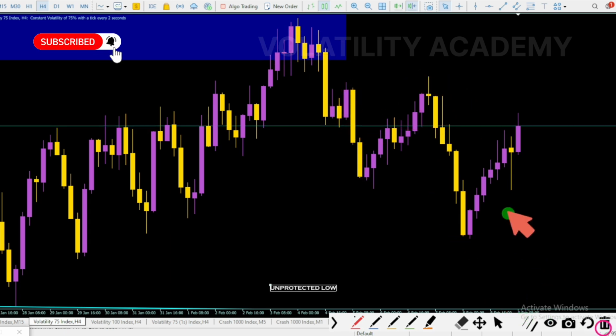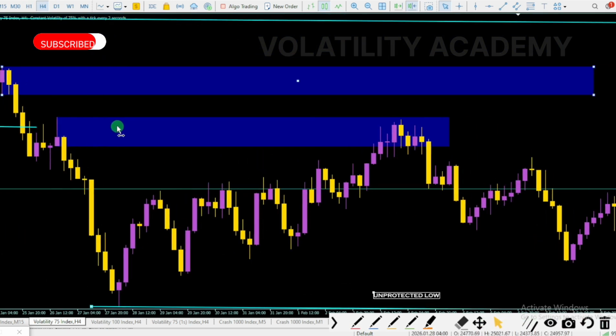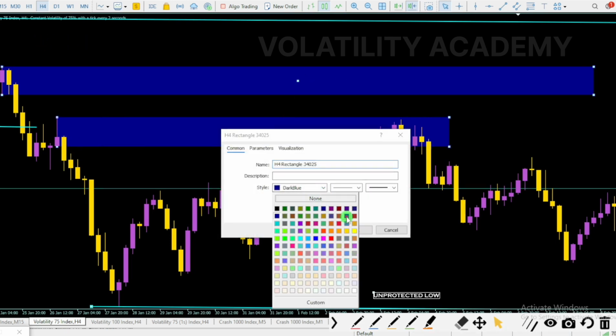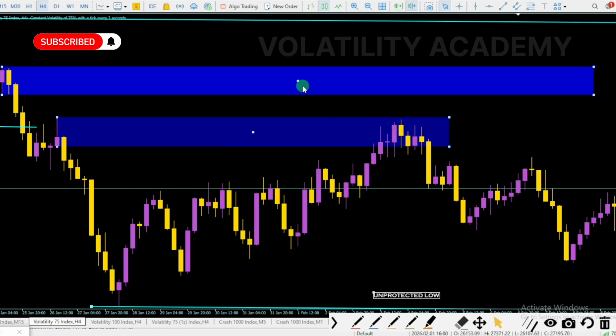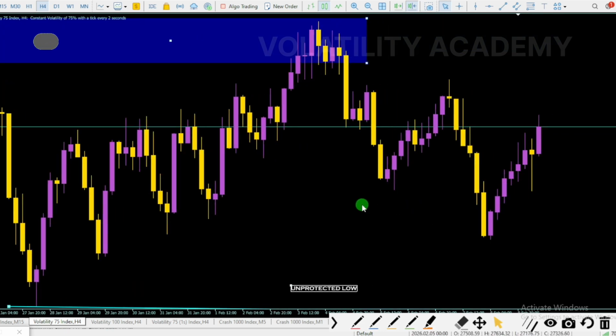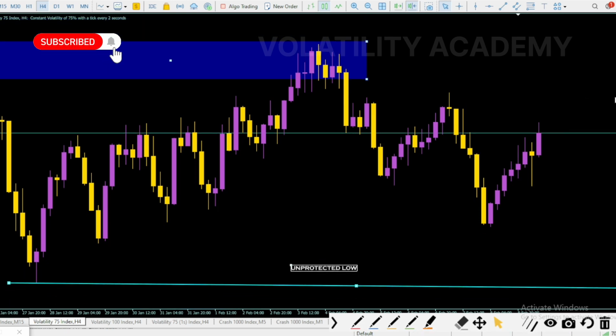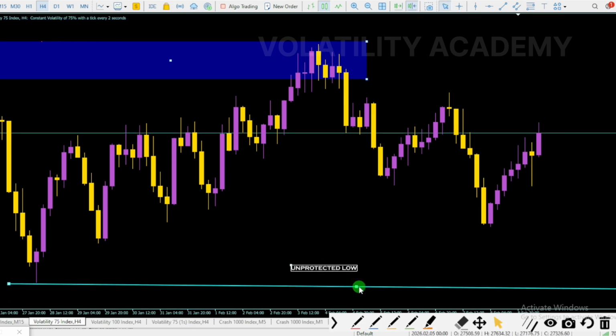So right now I have my eyes, because okay, let me slow down a little bit. The market has reacted from this particular zone, so I'm not looking at this one, or let me change the color a little bit. I'm not looking at this zone that is further up here. This unprotected low right here is my sell target.